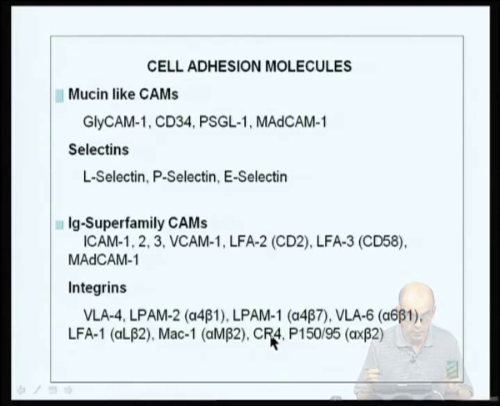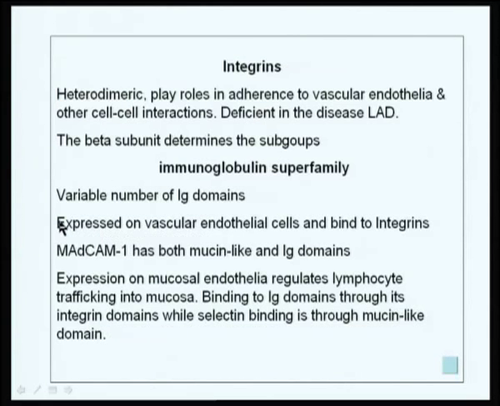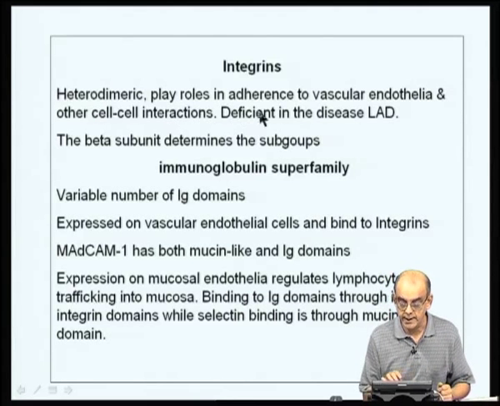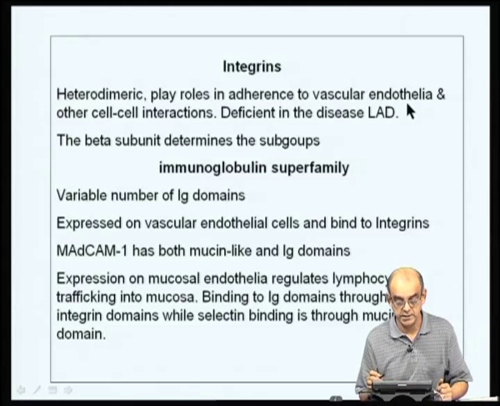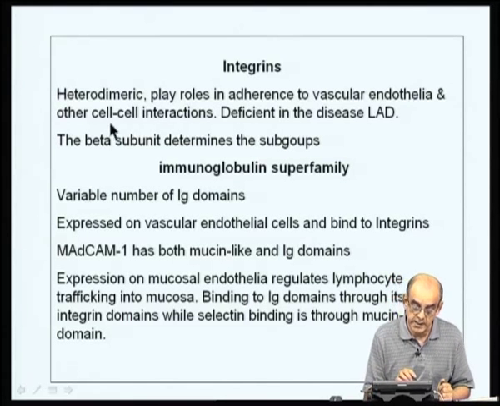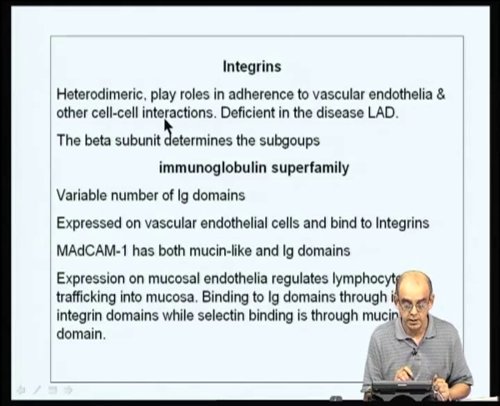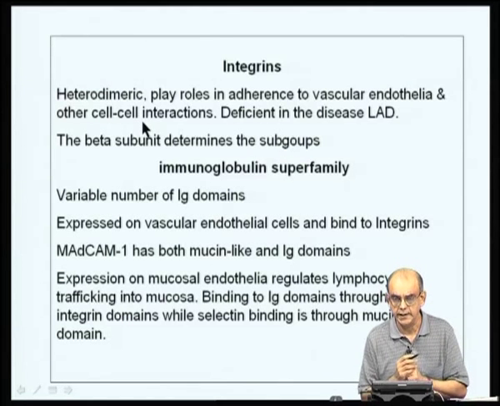So, if you look at this a little more, you have integrins which are heterodimeric, and they play roles in adherence to vascular endothelial cells, especially in lymph nodes, and other types of cell interactions, which I will describe a little in my next lecture.